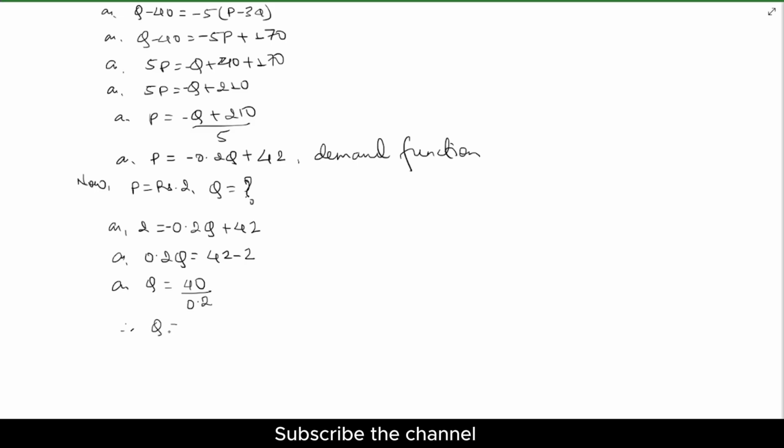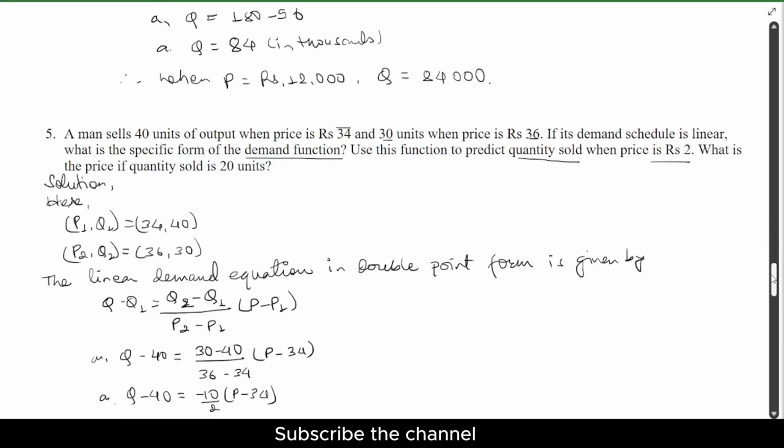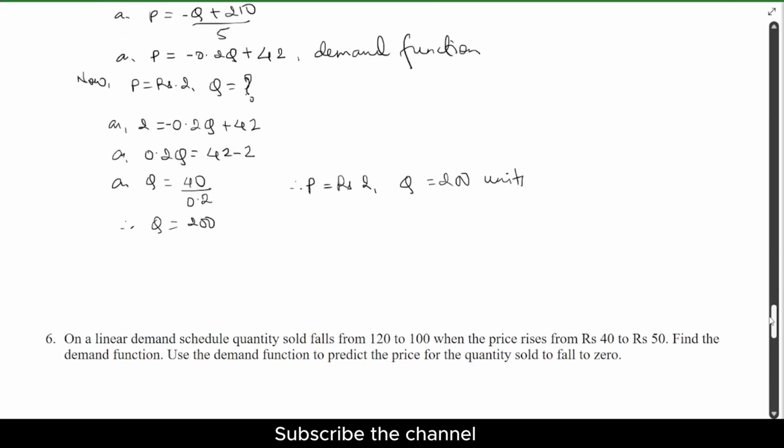Therefore, Q equals 200. It means that if the price is rupees 2, then the quantity will be 200 units. Also, what is given? What is the price if the quantity sold is 20 units?